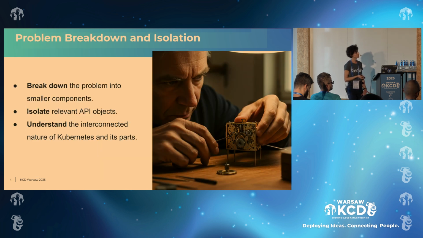So how should we start our journey with scale testing or testing overall? We should make it simple. We shouldn't overcomplicate our setup. We should start by breaking down the problems and truly understand what we are trying to achieve. We should isolate our problems. We should isolate our API from different APIs.